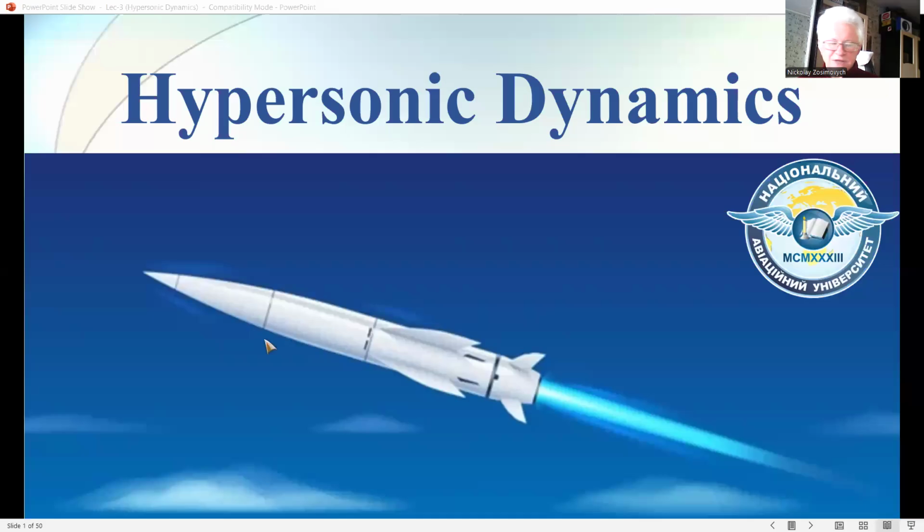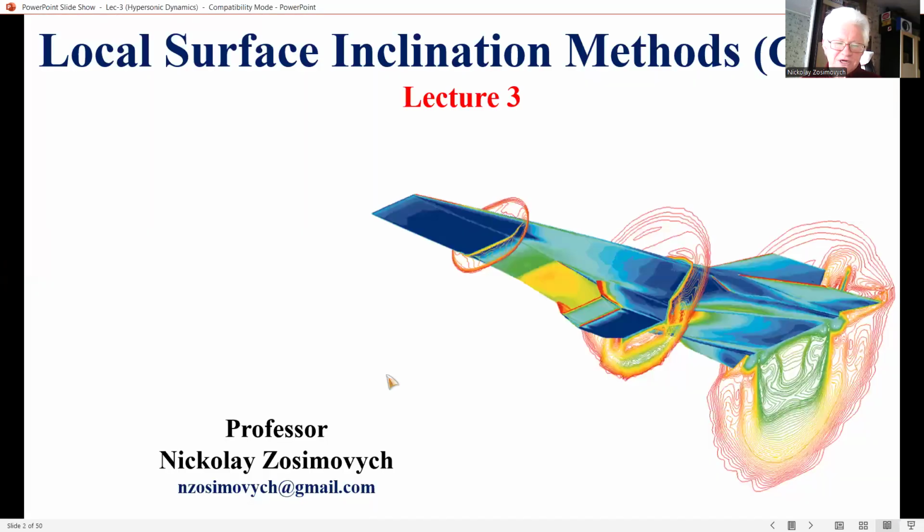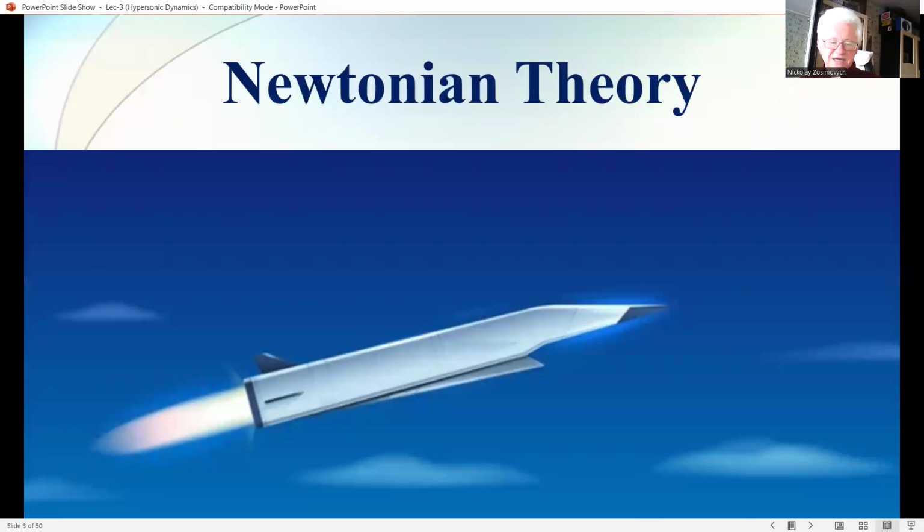Okay, so today we will be continuing our previous topic called the local surface inclination method. And let us start with Newtonian theory. In previous lectures, we saw that the theoretical basis of Newtonian theory was developed, including the centrifugal force effect.